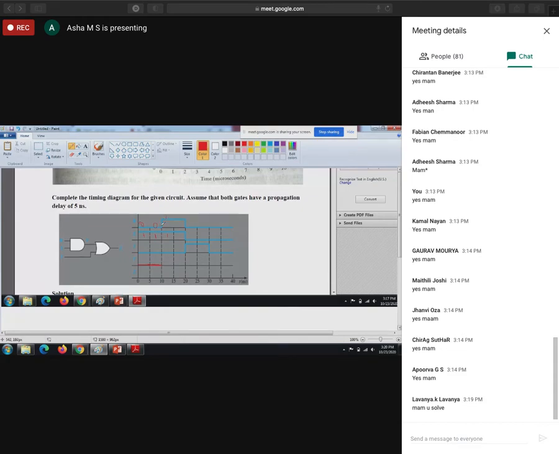Once W changes, the output does not change immediately. It remains as it is for the next amount of delay. After the 5 nanoseconds of delay, it changes from 0 to 1, to high.